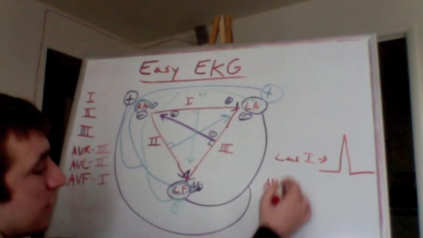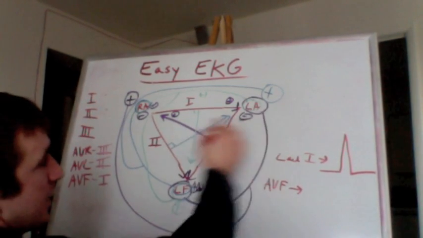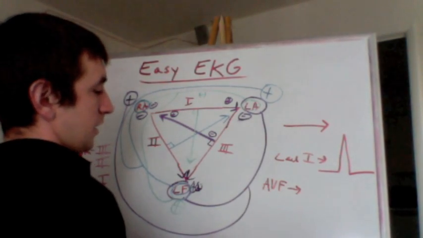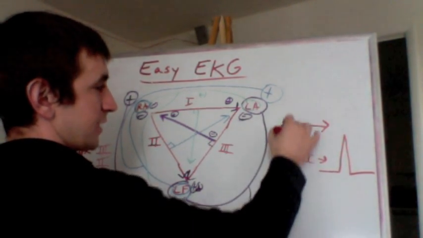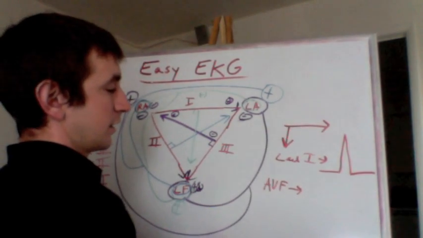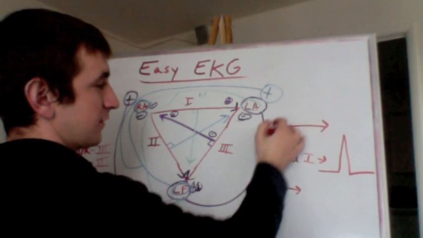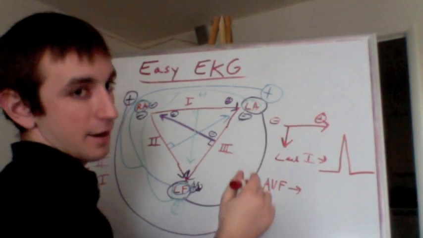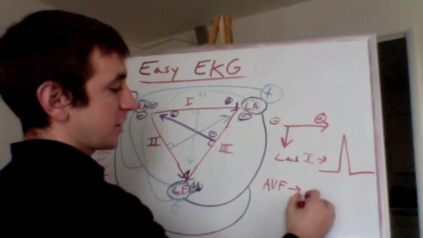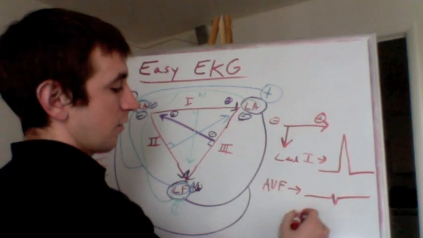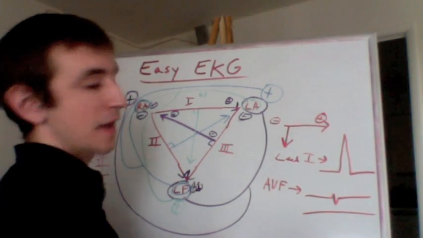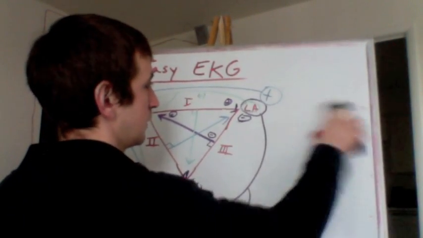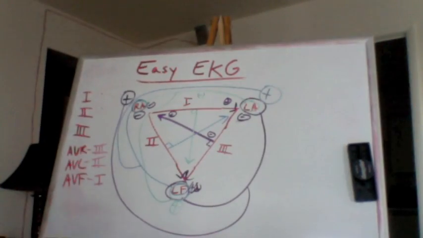So if lead 1 was really positive, that means our net direction is this direction, right? So our lead AVF is measuring this direction. Is this pointing more towards the negative side or more towards the positive side? Or not at all? Not at all. It's not pointing towards any of them. So you'd have a very small or nothing on that spike. Okay? Make sense? Good. It gets confusing, but that's just what it is, all right?